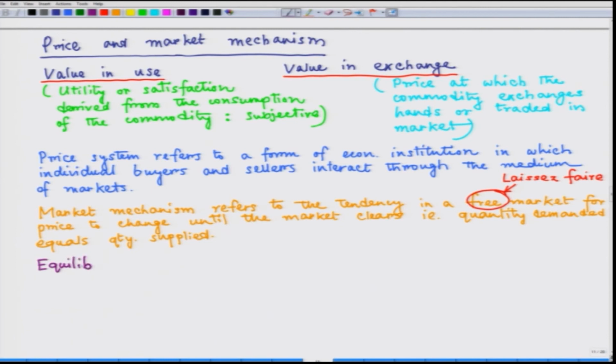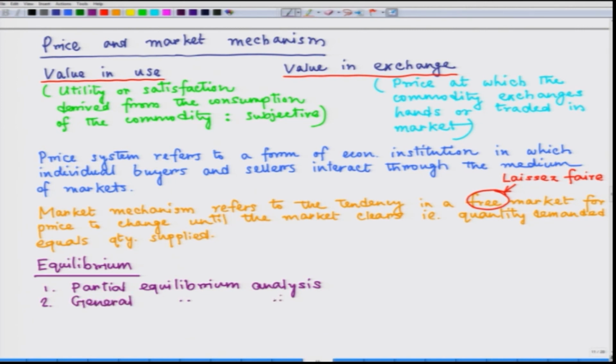We have already explained what equilibrium is. Now, we are going to look at two different types of equilibrium which are common in microeconomic analysis, and these two types are partial equilibrium analysis and general equilibrium analysis.